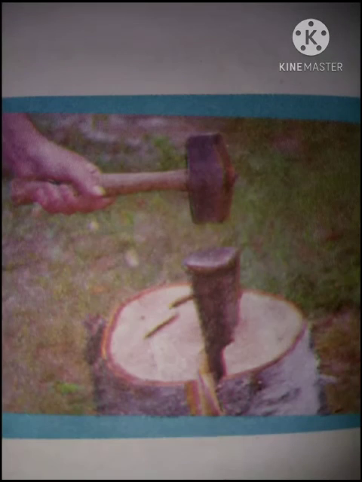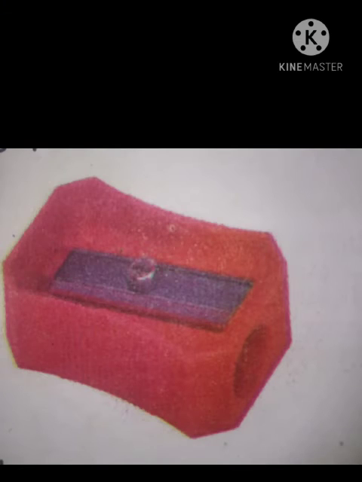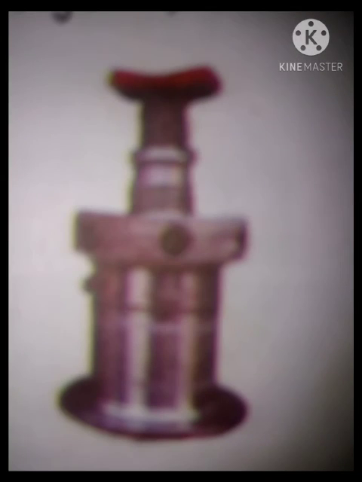Next, wedge. A wedge is used to split materials and has a sharp edge. It is used to break wooden logs. For example, knife, scissors, axe are examples of wedge. Screw is another simple machine. For example, a sharpener, screw jack, bottle cap, windmill.